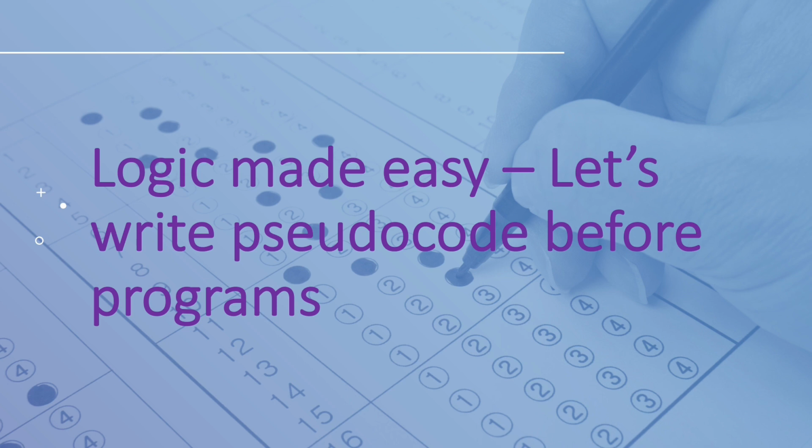But if the logic is very clear in your mind, your program is going to work. You just convert that logic into the program and that's going to work, and the debugging will become much easier.